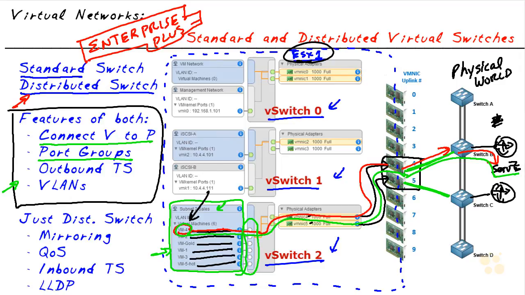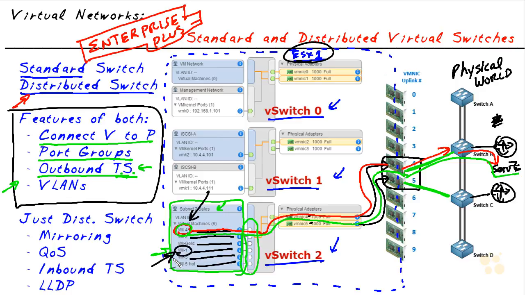Another feature that is included with both the standard and distributed switch is outbound TS. And TS here stands for traffic shaping. And whenever you think of traffic shaping, I'd like you to think of slowing down traffic. And you might think, well, Keith, that's crazy. Why would you ever want to slow down traffic? And the reason could be that you have some virtual machine. Let's go ahead and pick on VM1 here for a moment.